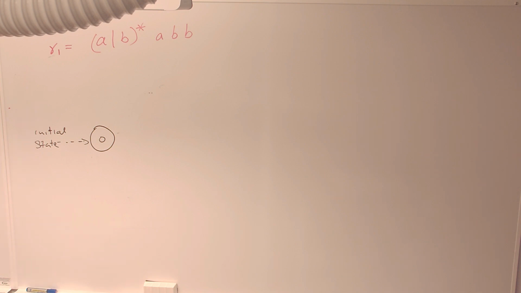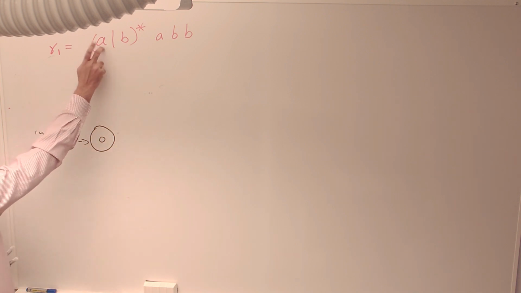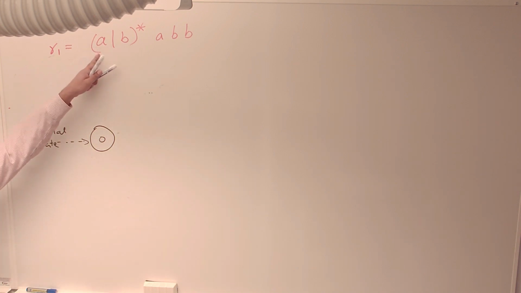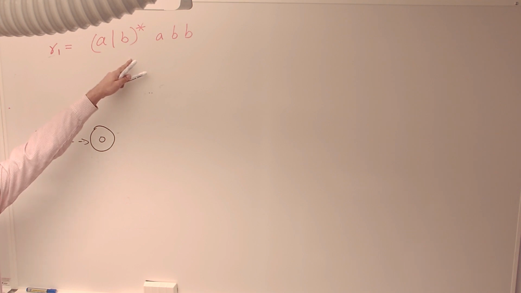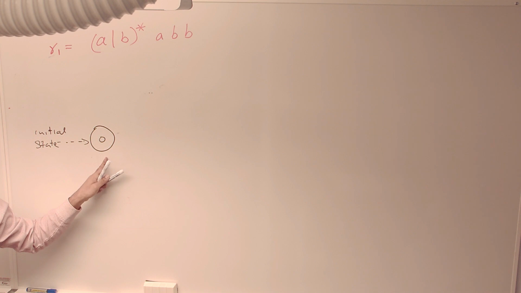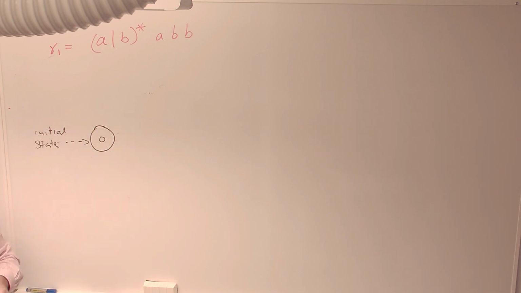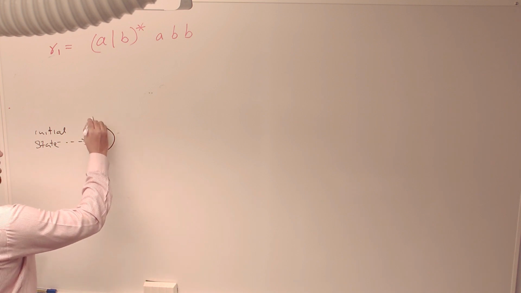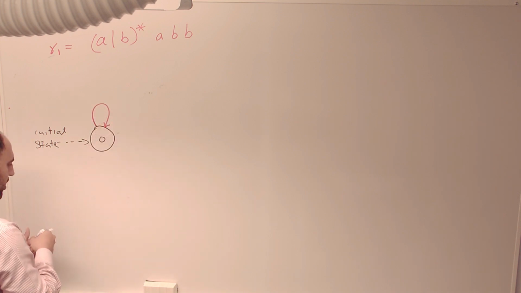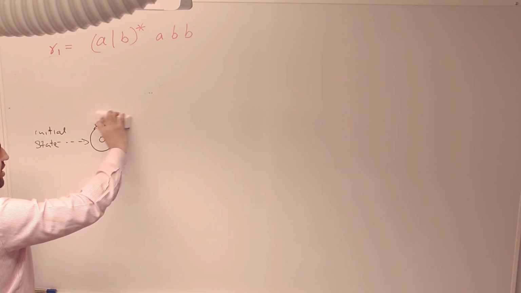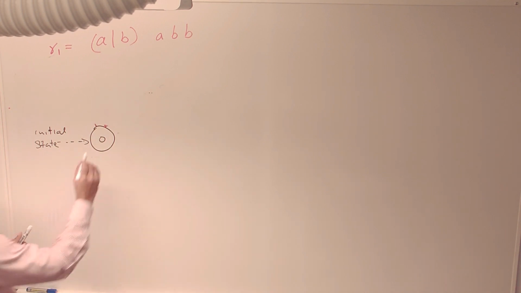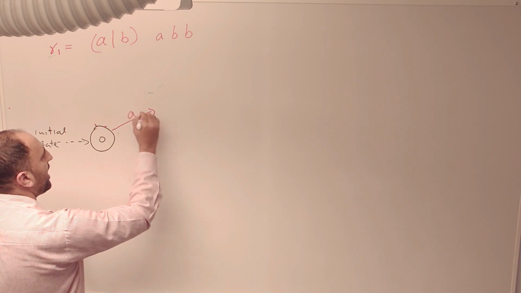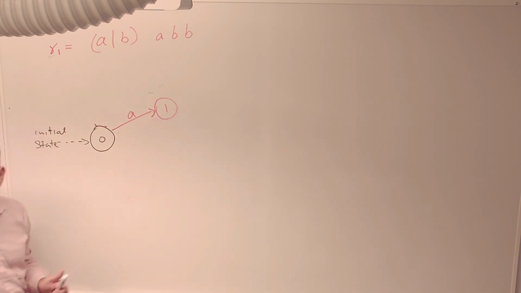From here we get our starting point. The words should either start with the letter A or it can start with the letter B. So it means that from the initial state, I need paths for both A and B. If we don't have this star notation, then we can do something like this, leading to a new state.